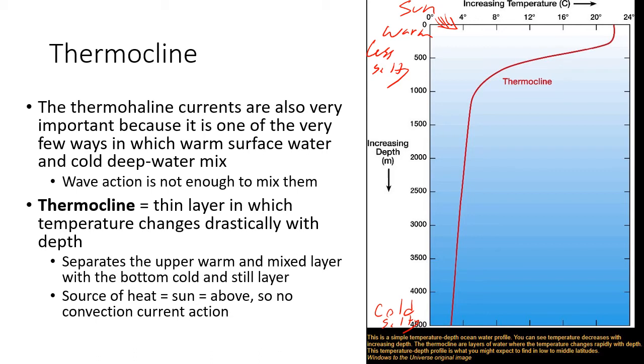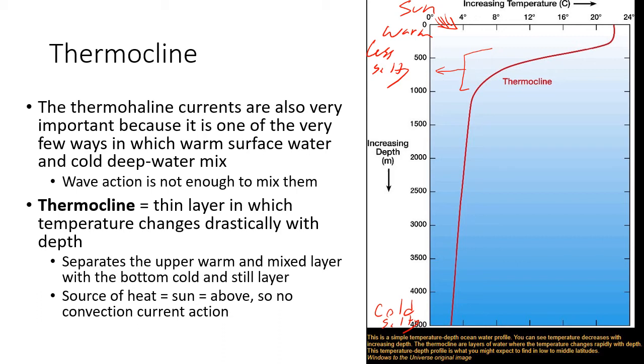And then you also have what is called a thermocline. This thermocline is a rapid decrease in temperature within a very short distance. So we have depth or distance here on the y-axis, and then temperature increasing on the x-axis.